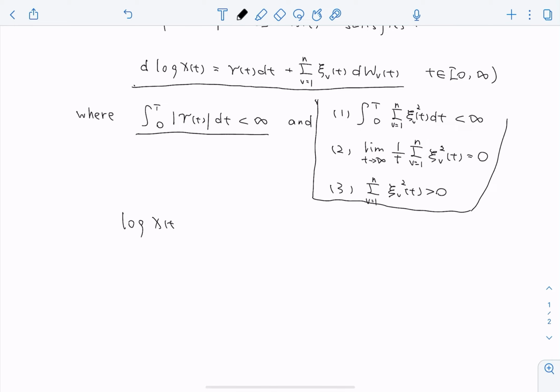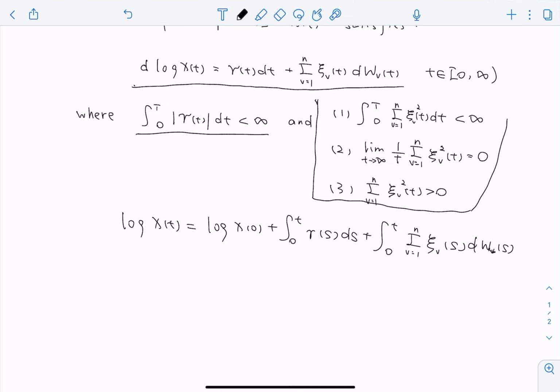Log X of t equals log X of 0 plus the integral from 0 to t of gamma of s ds, plus the integral from 0 to t of the sum of K_c of s dW_s.